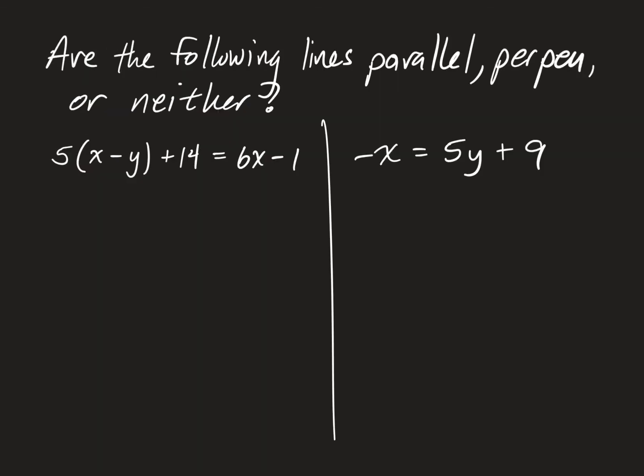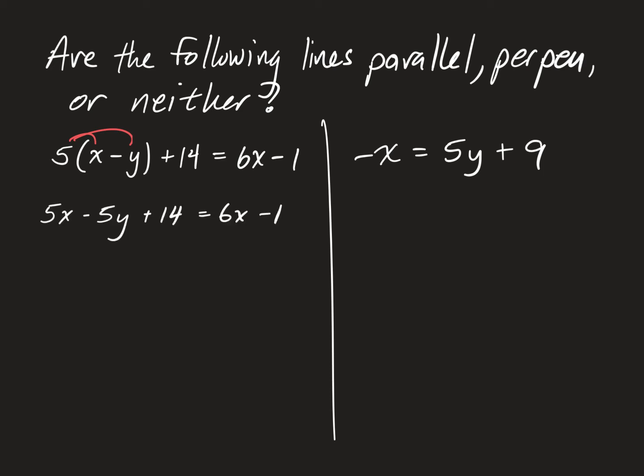In this last example, just simply asking the question, are the following lines parallel, perpendicular, or neither? Well, I think the easiest way to answer this question is to solve for y in both cases. So starting with the left equation, we can distribute 5 here. I think that's all we can do for this step.